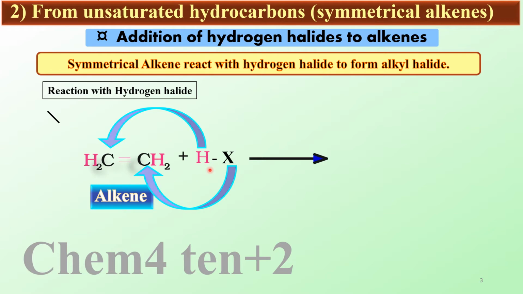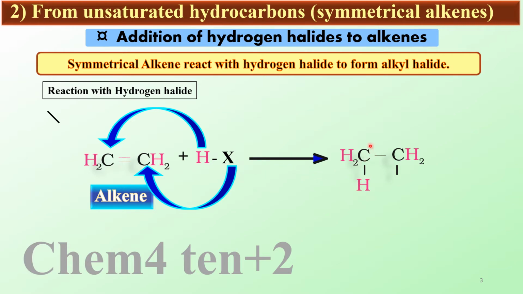Hydrogen atom of HX goes to one carbon atom and halide group of HX goes to another carbon atom. And the product obtained is in this way.